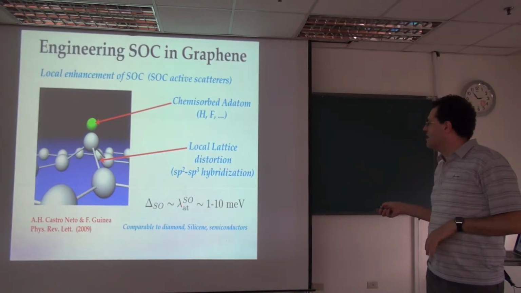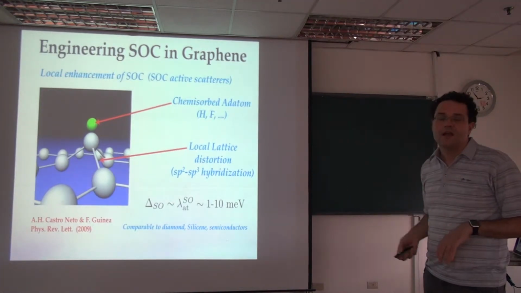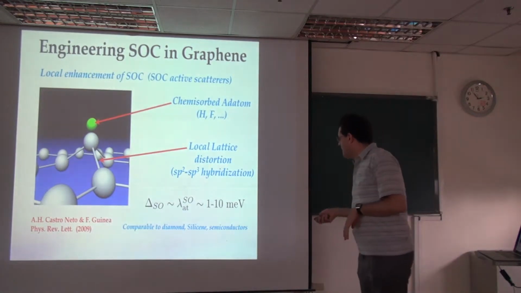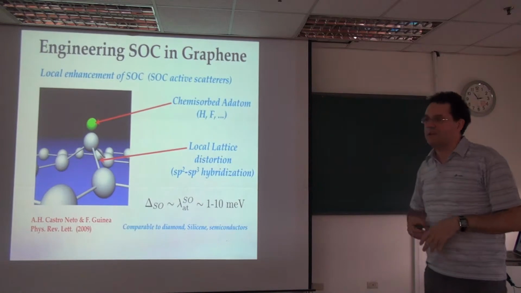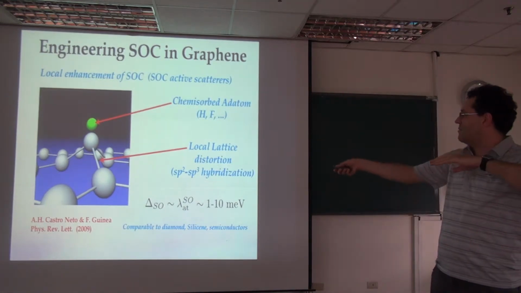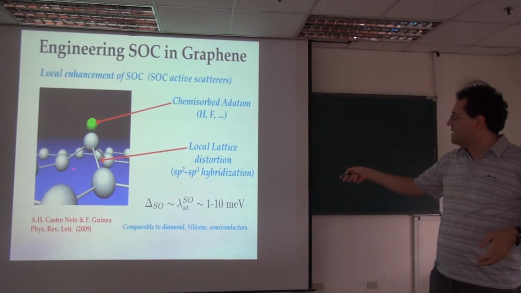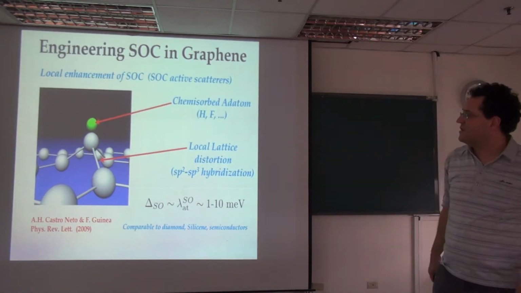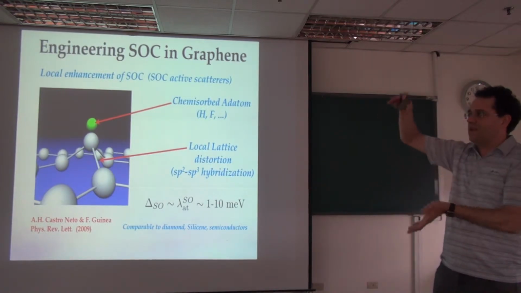This local enhancement can lead to a local spin orbit coupling of the order of, say, up to 10 millielectronvolts, which is comparable to what you have in diamond, another carbon allotrope, where the bonds between the carbon atoms are not sp2, not the mirror symmetric version of the bonding, but sp3.